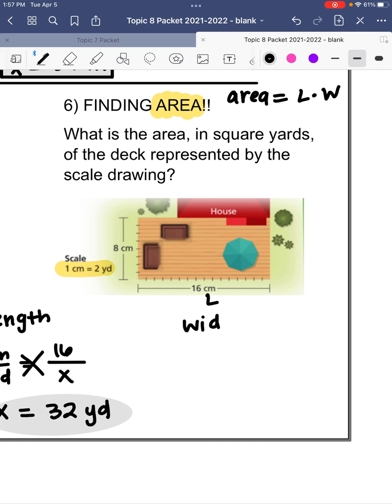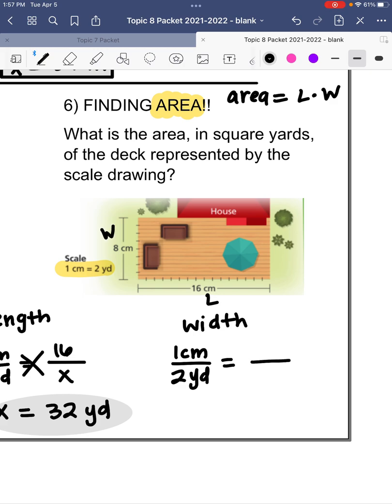Because remember, area is length times width. So we start with our same ratio for our scale. We have 1 centimeter is equivalent to 2 yards, or 1 centimeter represents 2 yards. Okay? Now our width is this measurement here, the 8 centimeters.